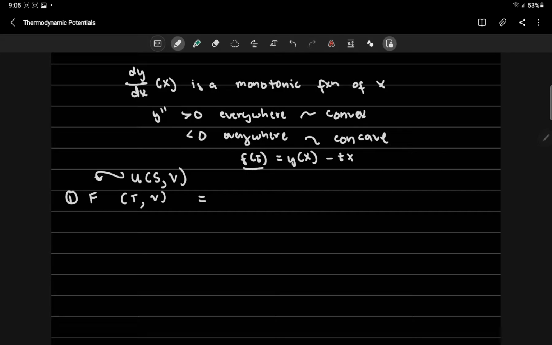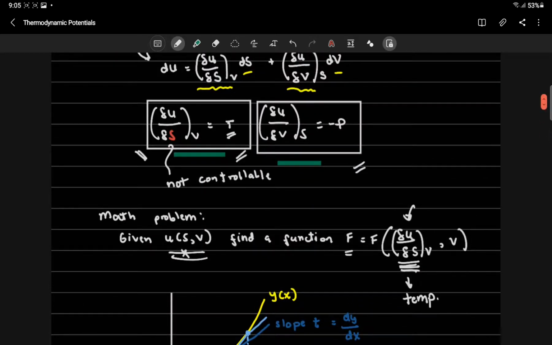Now, what is y of x? Y of x is the original function. And that's basically just your internal energy, right? Minus the slope t. Ano ba yung slope? Yung slope is basically yung derivative na ito. And that derivative, nagkataon, equal siya sa temperature.